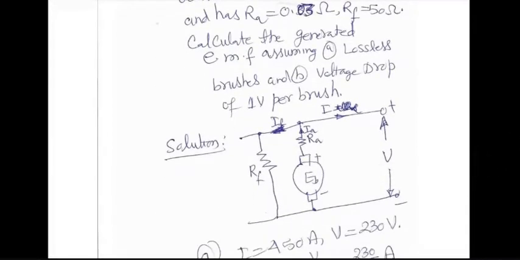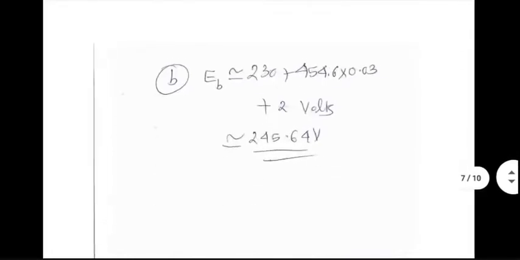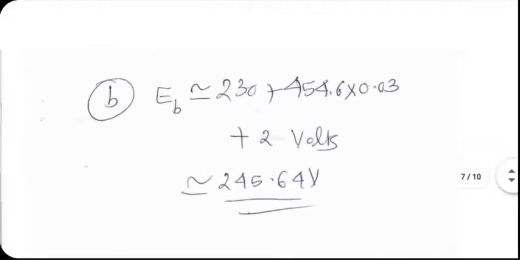In part B, we have been told that each brush produces a voltage drop of 1 volt. So the total drop will be 2 volt. So in part B, you make the appropriate correction. EB will be 230 plus 454.6 into 0.03 plus 2 volt, which is the additional voltage drop due to brushes.